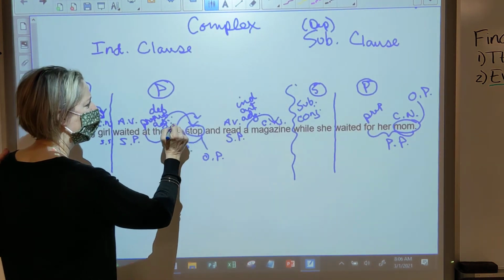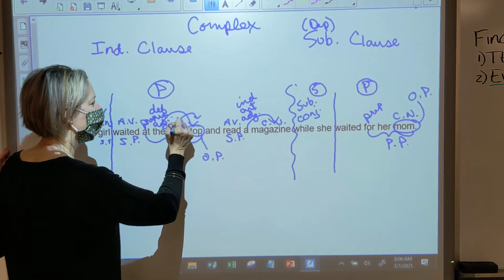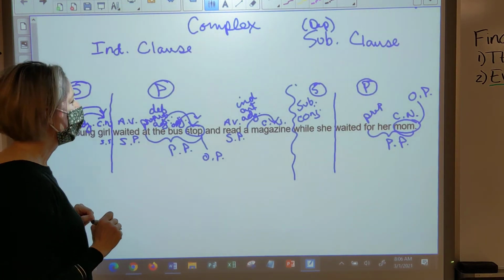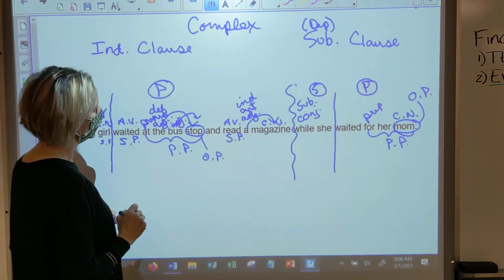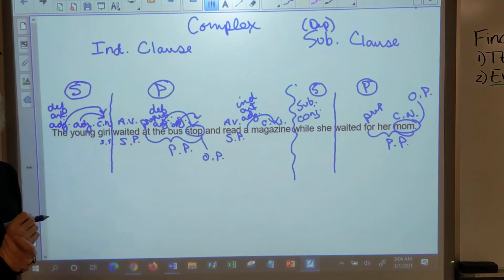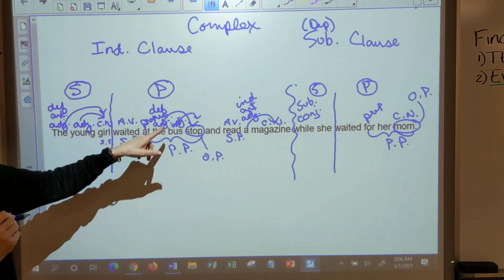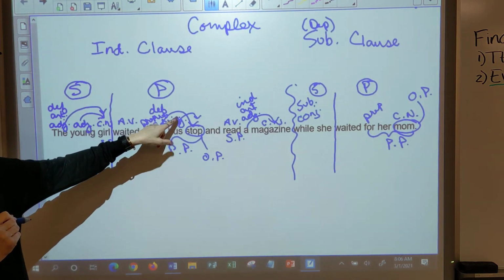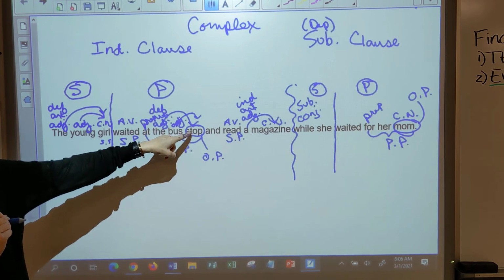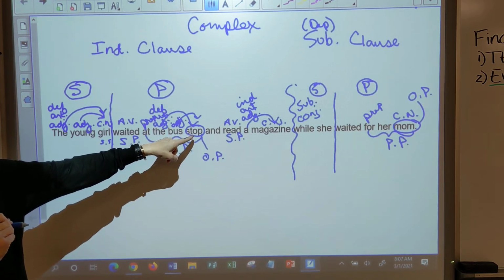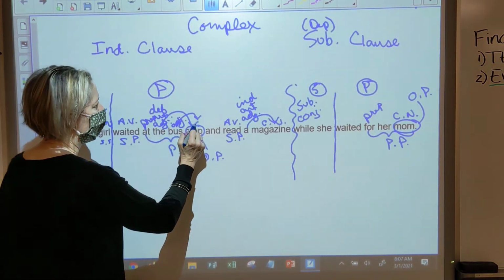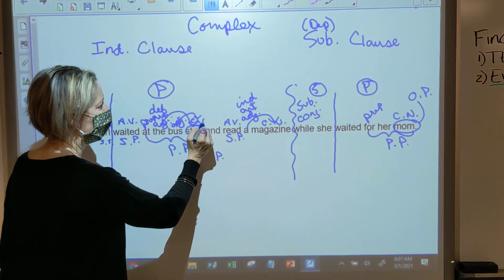It's an adjective, because it's describing stop, which is a what, Ethan? Stop is the object of our preposition, so we know it's what part of speech? Common or proper? Common, very good.